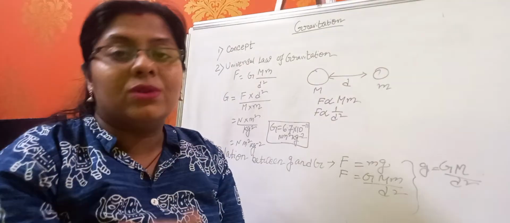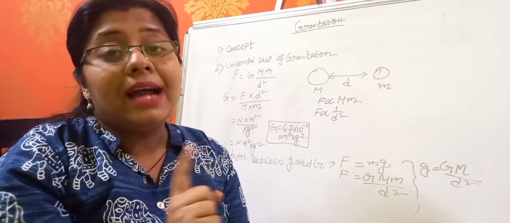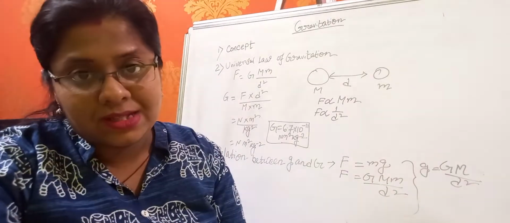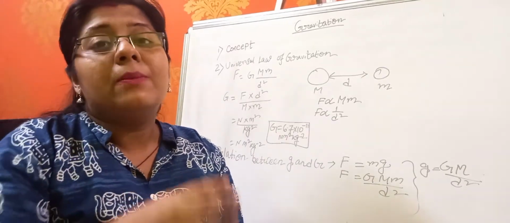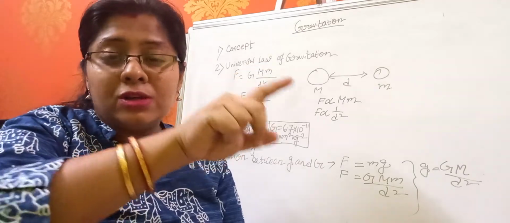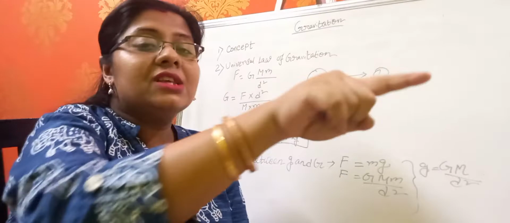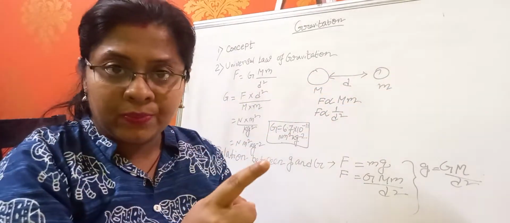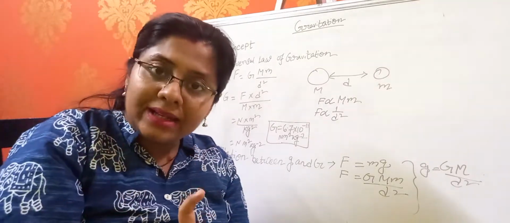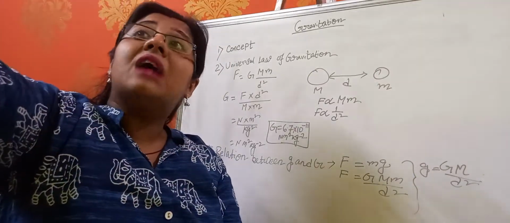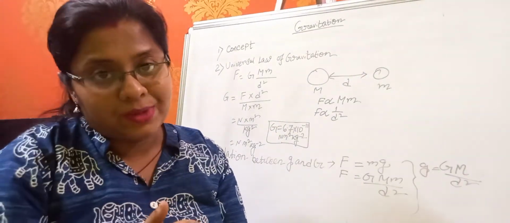Another force also acts at the same time, called centrifugal force. So what is centrifugal force? Centrifugal force is the force produced towards the outside, because the object is moving in a round. Fine? So one force is coming towards the center, that is centripetal. One force is going towards the outside. That outside force is called centrifugal force.